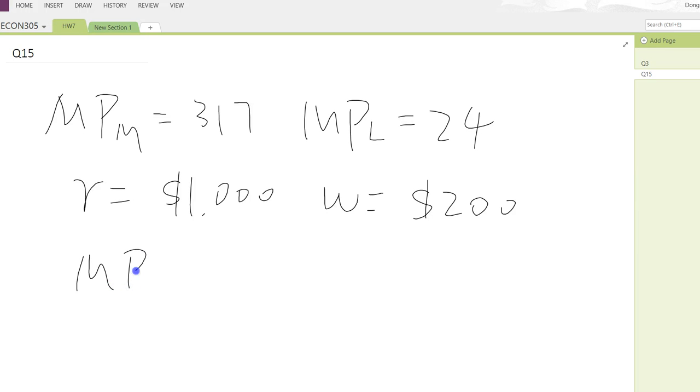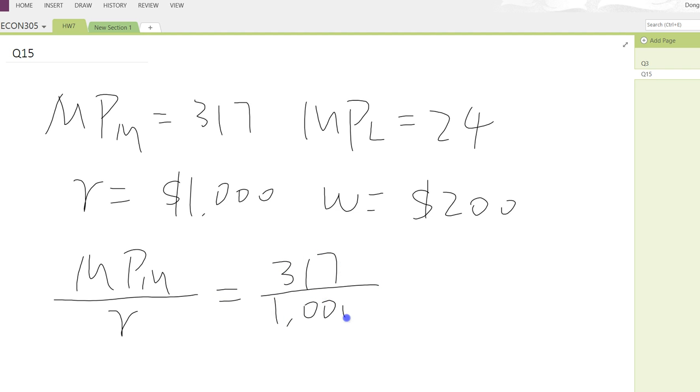So MPM divided by R is 317 divided by 1,000.